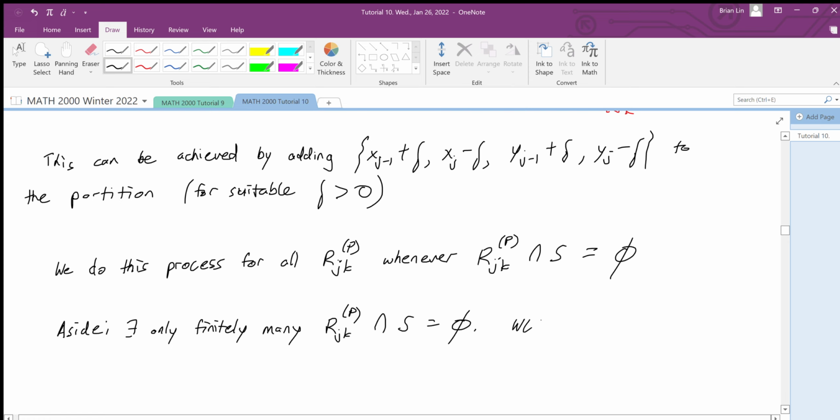So without a loss of generality, assume the deltas are the same value. So each R_jk^P intersect S being empty will produce a delta. Let's just assume all the deltas are the same value. Take the minimum, and this will work. It will still be a positive value.